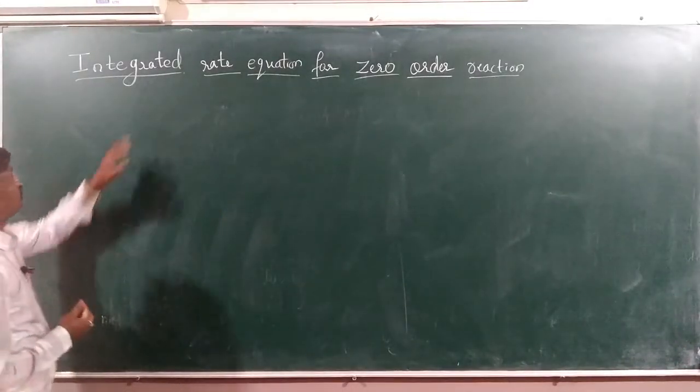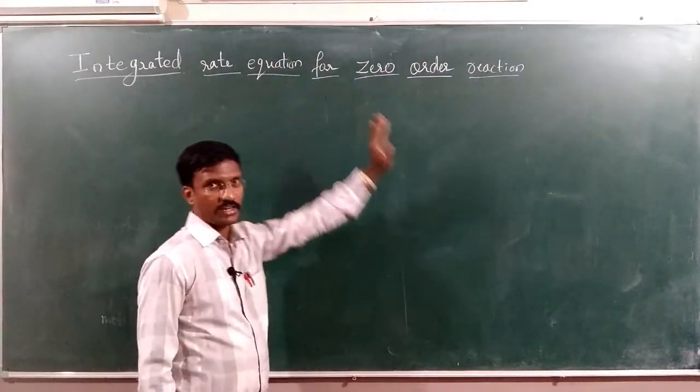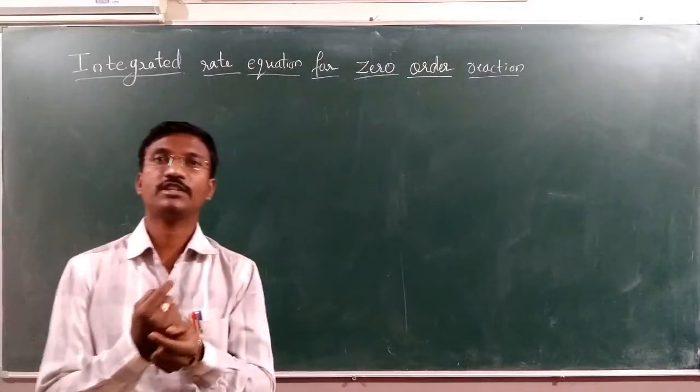So look here, to derive the integrated rate equation for zero order reaction, first we need to know what a zero order reaction is.